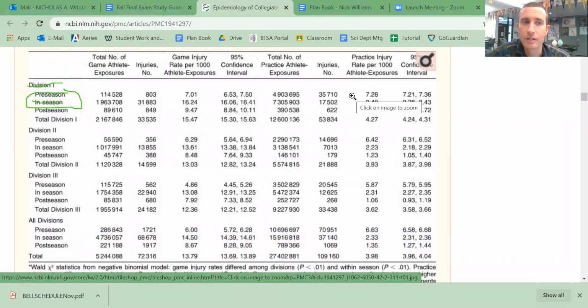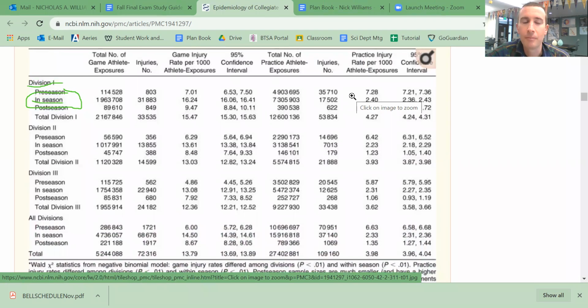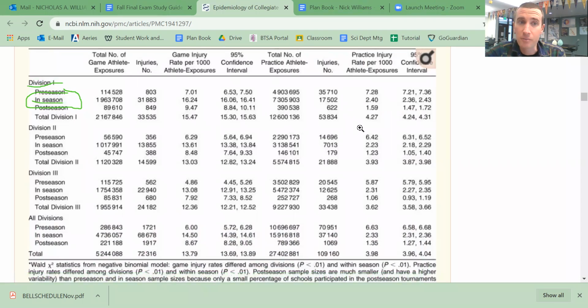So some of the technology will have changed, but largely we're looking at 15 different sports, both genders, all the way through. They split it by preseason, in-season, postseason, and then by the 3 divisions. So we're going to look at in-season for D1 athletes, so probably the most serious during the season.